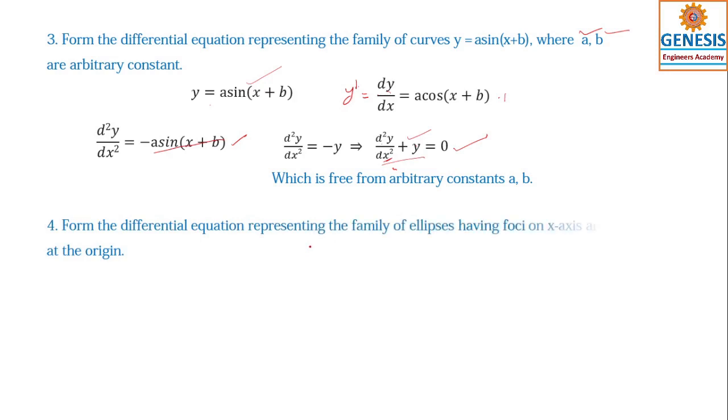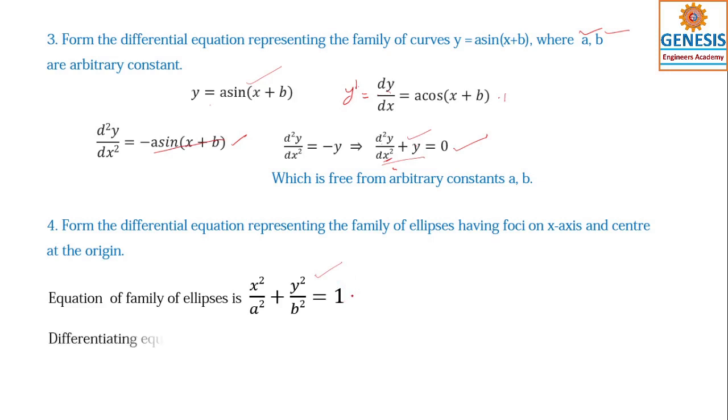Next, form the differential equation representing the family of ellipses having a focus on the x-axis and the center at the origin. The equation of the family of ellipses is this one. If you differentiate it with respect to x, you will have 2x by a square plus 2y by b square into dy by dx equal to 0.